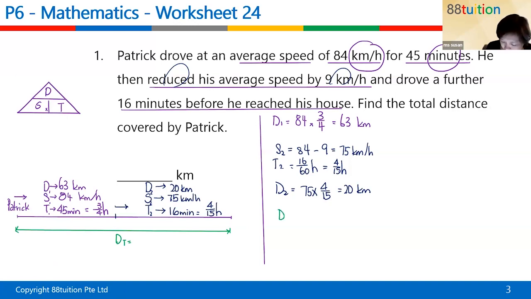The total distance will be 63 plus this, so my DT will be 83 kilometers. And what is the time? Oh, he wants the distance only, that's all. They wouldn't want anything else.